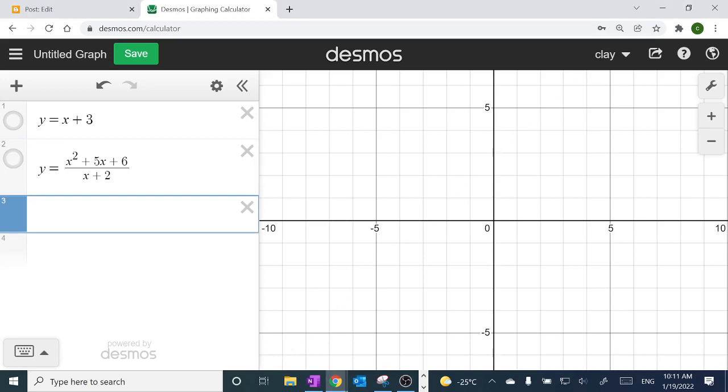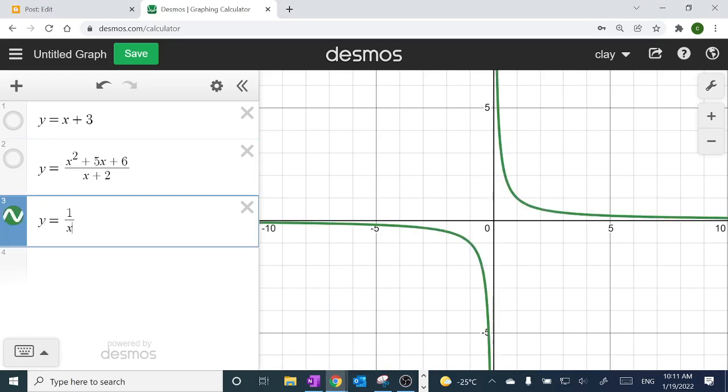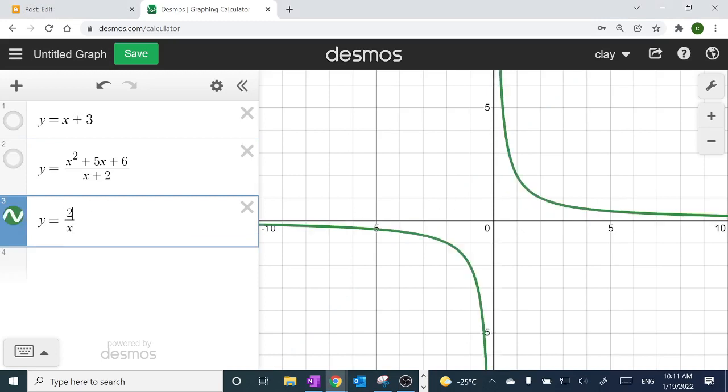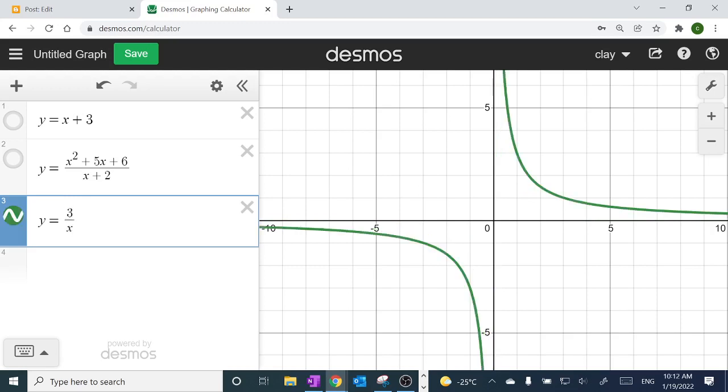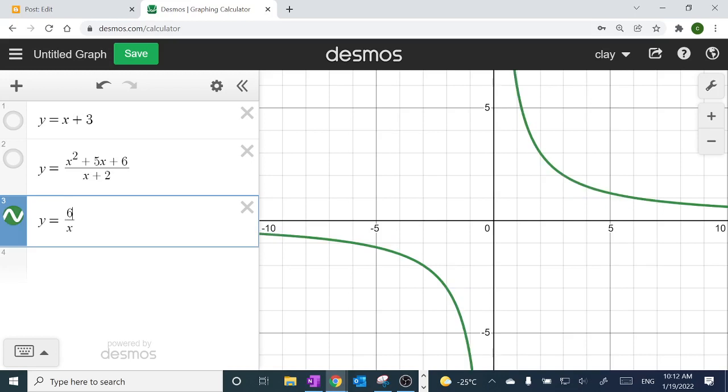Suppose I have y equals 1 over x. What if instead of a 1, this was a 2? Oh, look at that. It's like the arms are getting farther apart, but maybe the better way to think about it is its y values are being doubled, tripled, quadrupled, sextupled, which means that the y values are going up faster compared to the x values.